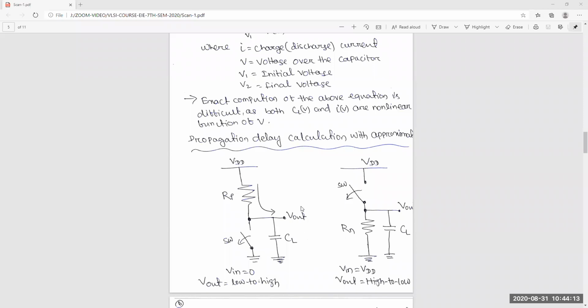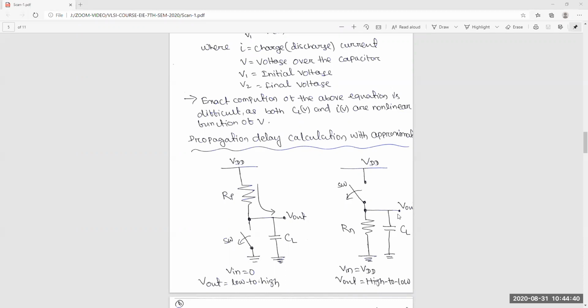So to charge the node Vout to VDD by 2, how much time will it take? Also, how much time will it take to discharge until the voltage at this node is VDD by 2?